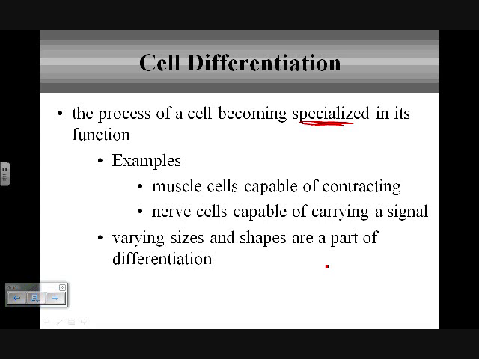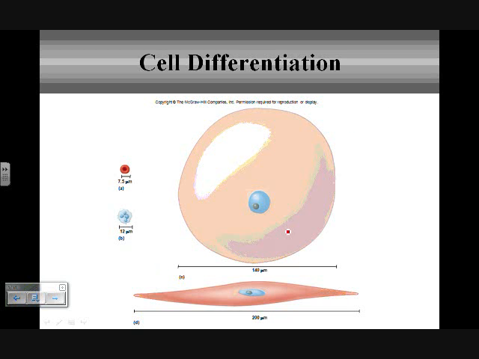Remember, relating that anatomy to physiology, that they go hand in hand together. So a nerve cell's structure is going to be directly linked to its function of being needed to carry nerve impulses. A muscle cell's structure is going to be based on contraction, while, like I said, a nerve cell is capable of carrying a signal. So they're going to be substantially different in their size and shape due to that differentiation.